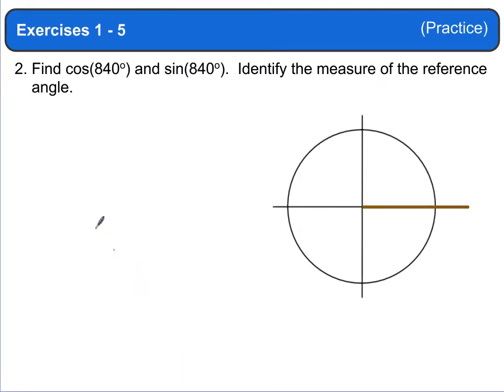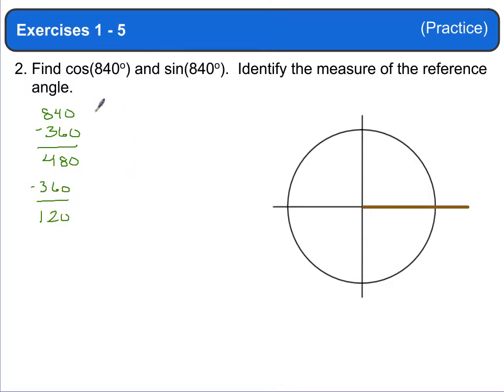And if we wanted to go ahead and do this first, we could say 840 minus 360, and that gives us 480. Now, because that is still over 360, we could subtract that one more time. So minus 360 again, and we get 120 degrees.